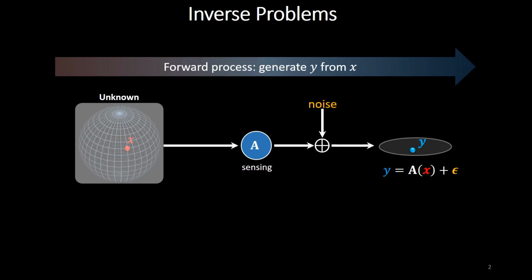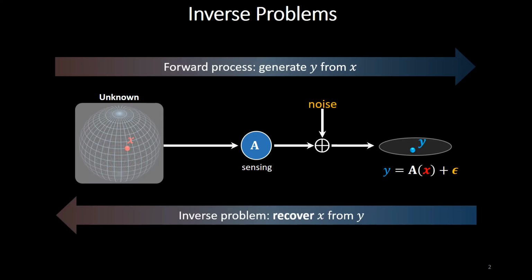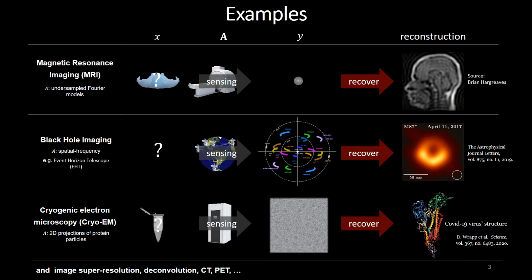Now what we're really interested in are the inverse problems, and this is the practical problem of trying to recover the unknown X, the true object, given the measurement Y. Inverse problems are ubiquitous in science and engineering. Many problems in scientific imaging and beyond can be formulated as inverse problems. Here is a table with some applications.